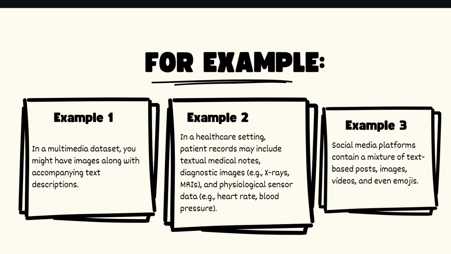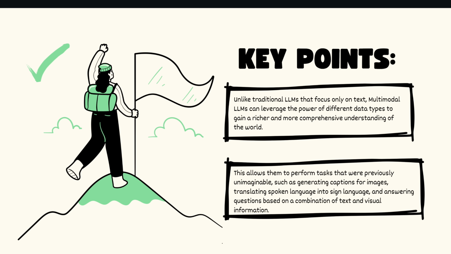The integration of multiple modalities of data has become increasingly important in AI and machine learning research. It enables models to leverage a richer set of information, leading to more comprehensive understanding, better performance in various tasks, and ultimately more human-like interactions. The key point is that, unlike traditional LLMs that focus only on text, multimodal LLMs can leverage different data types to gain a richer and more comprehensive understanding of the world.